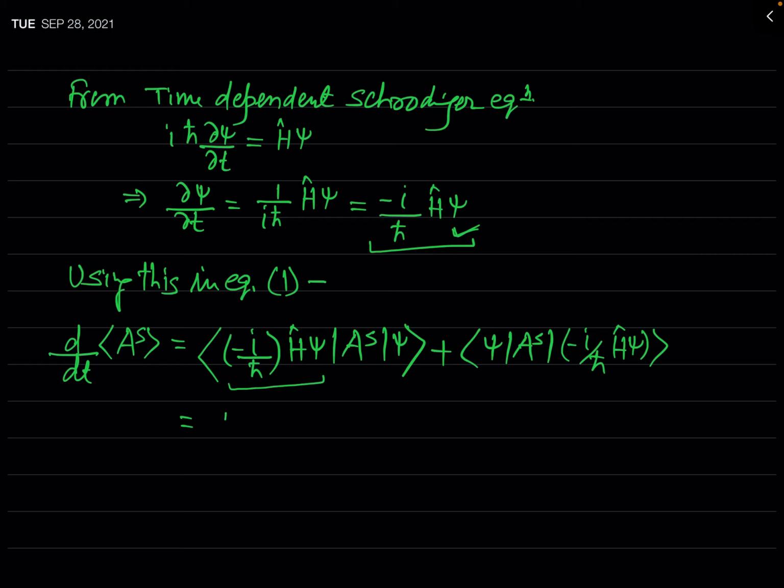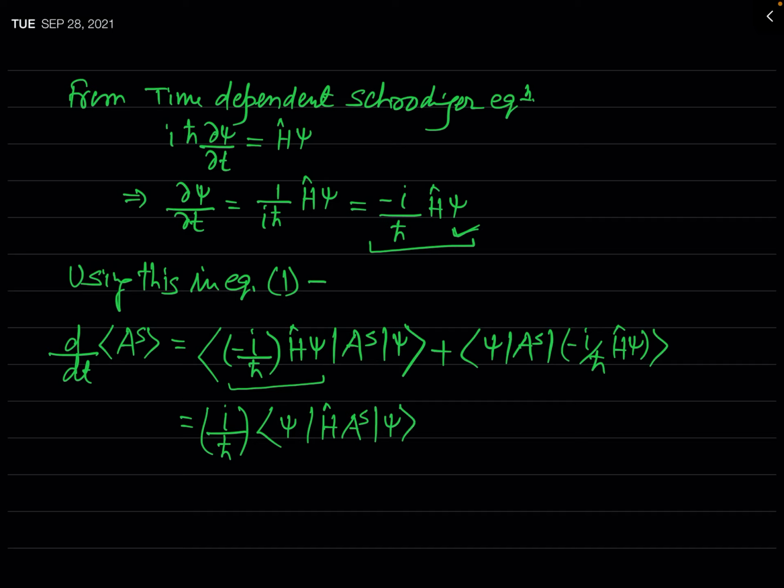So you can write it as i over h bar, bra psi H hat AS, and ket psi.